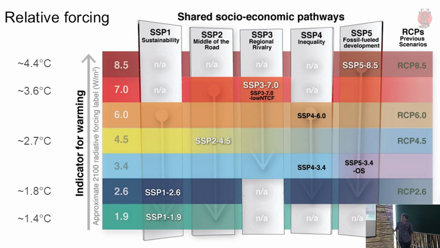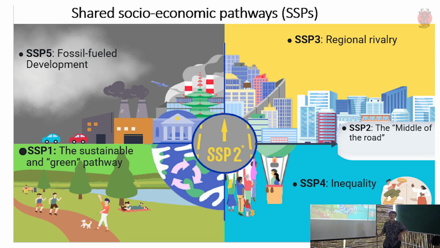And what I think we have next is a visual representation to try to explain what an SSP is. Okay, so this is not about how much greenhouse gas is being emitted. In the shared socioeconomic pathways, there are projections on the level of economic development, on populations, increases in populations.